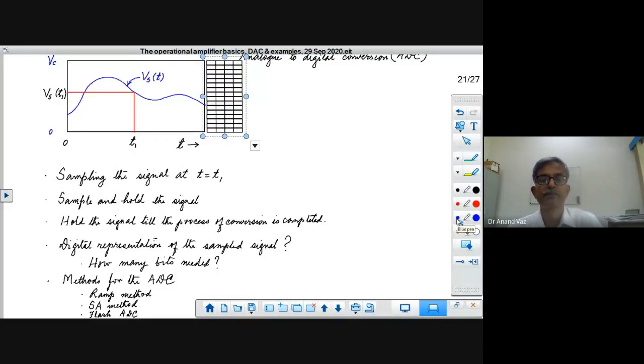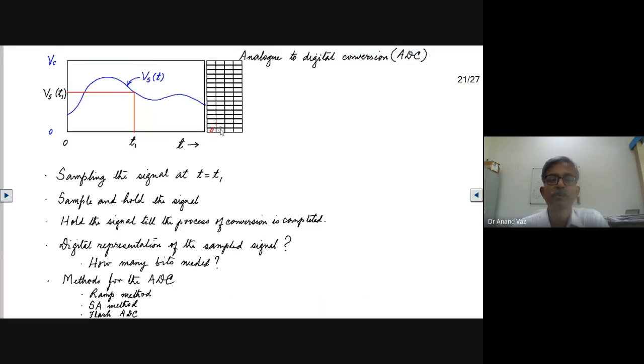Let's say we have different values. Let us say this lowest level corresponds to 0. So here we are actually talking of the representation of our signal in terms of 4 bits. Just a nibble. This is because it's just an example.